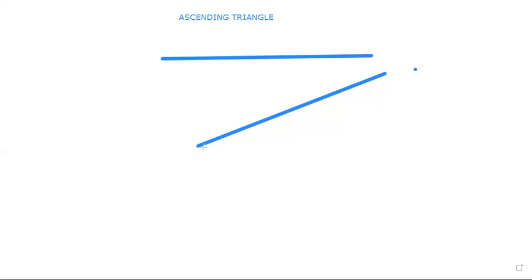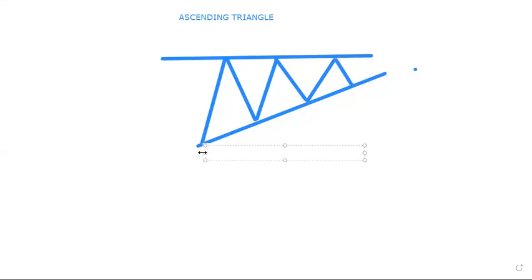An ascending triangle comprises the market making higher lows into a resistance zone.